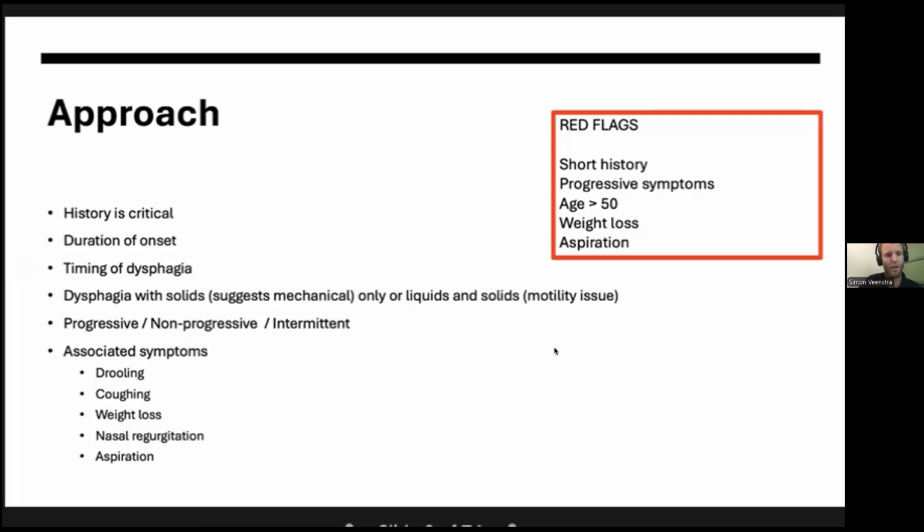Some suggest that when it's to both, it's predominantly a motility issue versus a structural or mechanical issue. And then whether there are any associated symptoms like drooling, coughing, which may point towards an oropharyngeal cause, or that the patient may be aspirating. And then obviously some red flag signs like weight loss and aspiration, which increases your risk of mortality and complications.